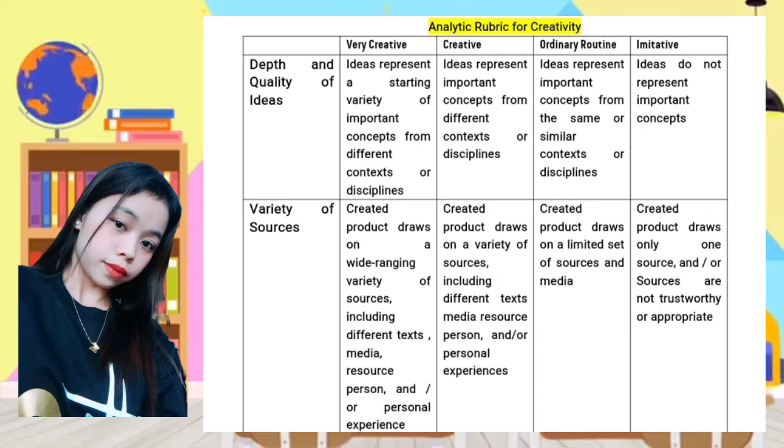In ordinary or routine, a created product draws on a limited set of sources and media. In imitative, a created product draws on only one source and or sources are not trustworthy or appropriate.